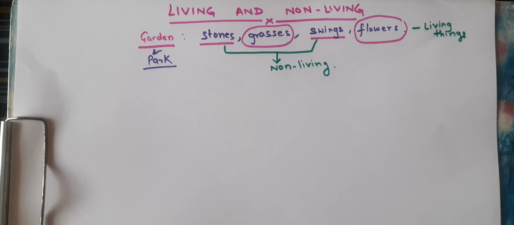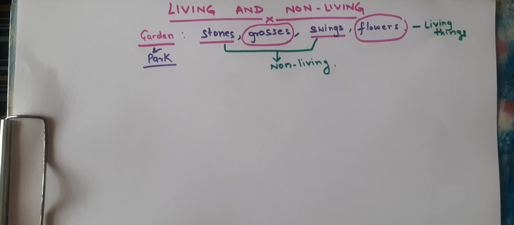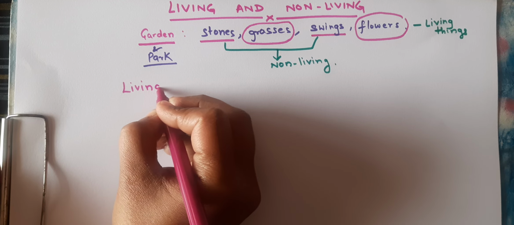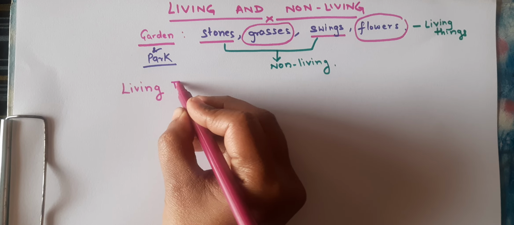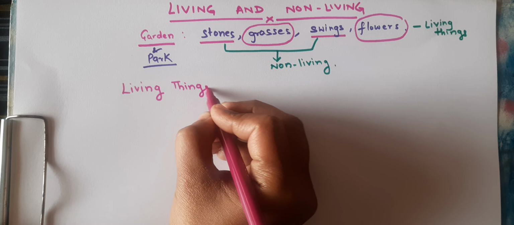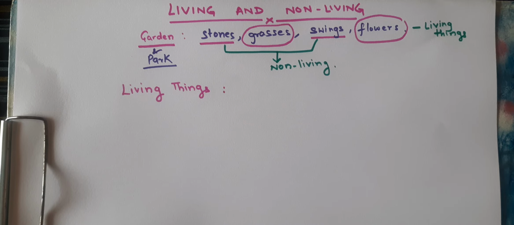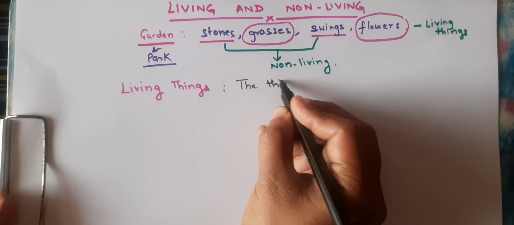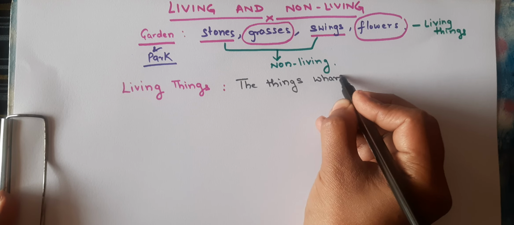Now I will give you the definition of a living thing, because in this chapter the teacher will always ask in the examination what are the living things and what is the definition of living things. So the definition is: the things which are alive.